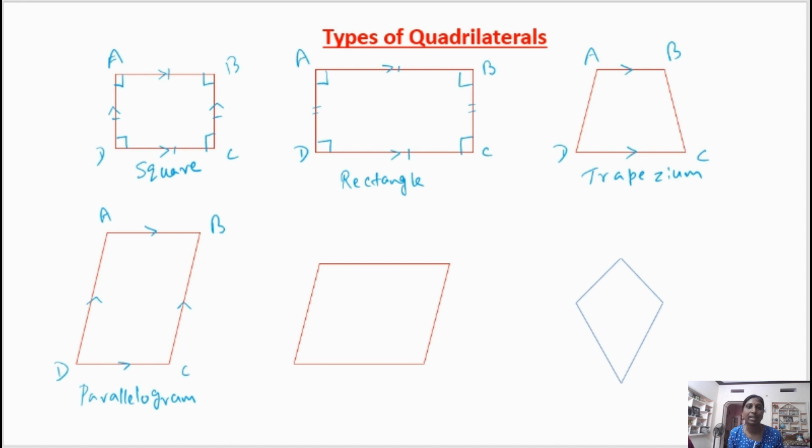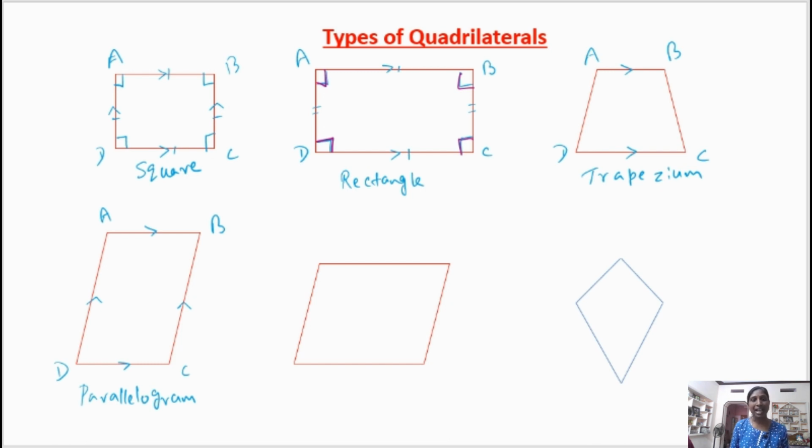You may have a doubt about the difference between a rectangle and a parallelogram. Here you can see that each angle is 90 degrees in a rectangle. But in a parallelogram, the angles are not equal to 90 degrees.